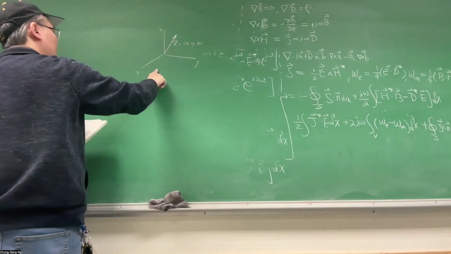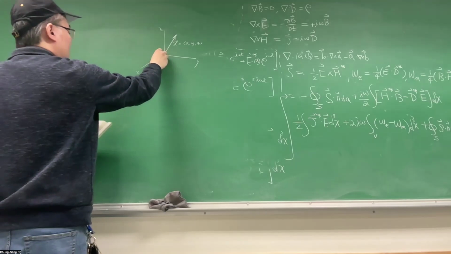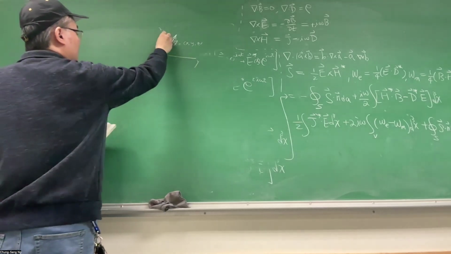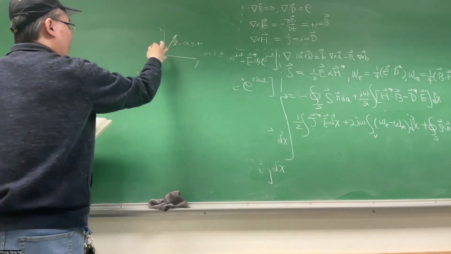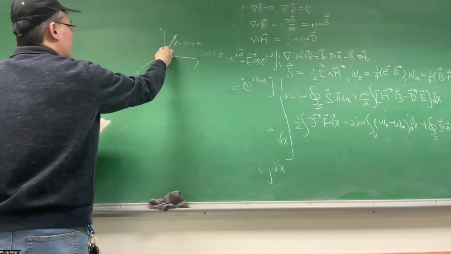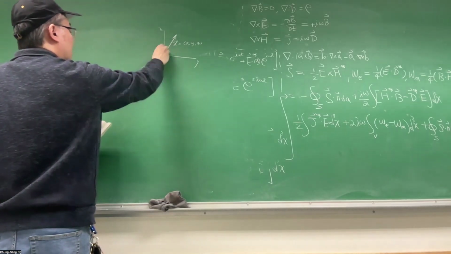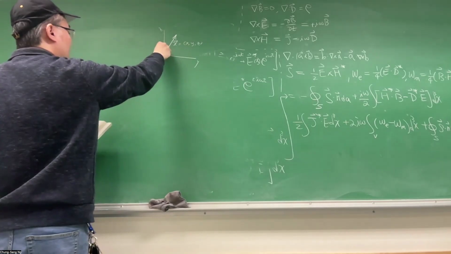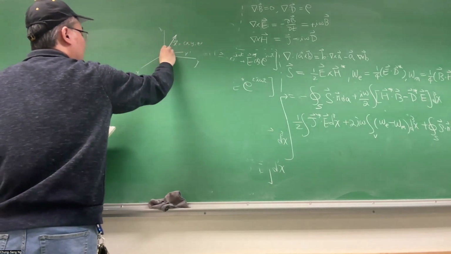In particular, this coordinate system, although it's rectangular, and we define the scale along x, y, z to be the same, but by keeping the same scale along x, y, z, we can still rotate the coordinate system. So rotate it to x prime, y prime, z prime.